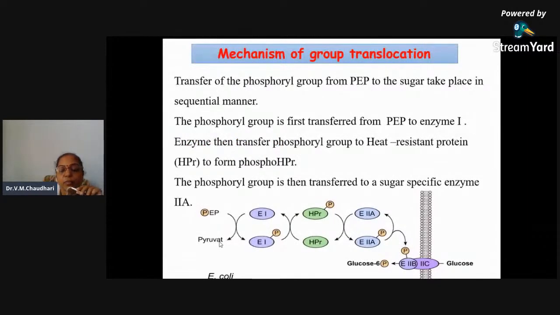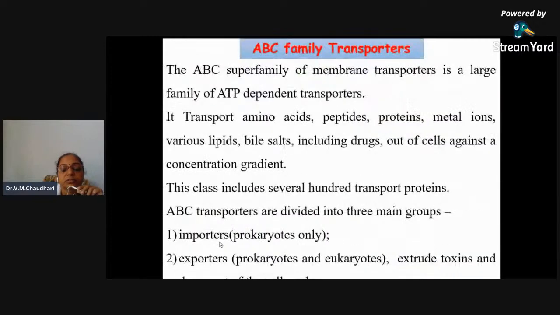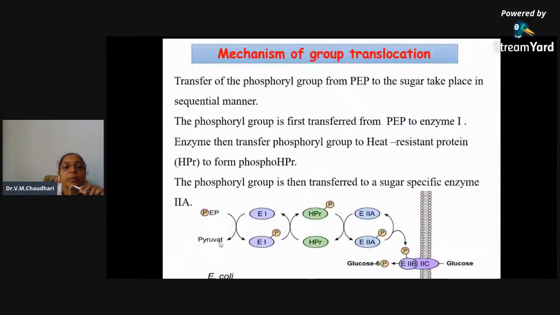So what is the mechanism of group translocation? The mechanism of group translocation involves transfer of the phosphoryl group from phosphoenol pyruvate to sugar. This takes place in a sequential manner. The phosphoryl group is first transferred from phosphoenol pyruvate to enzyme first.